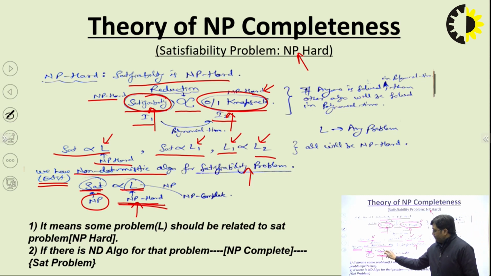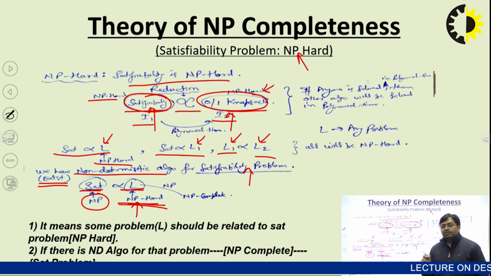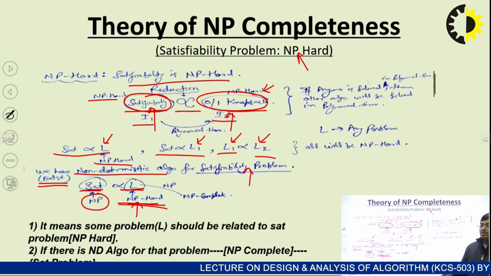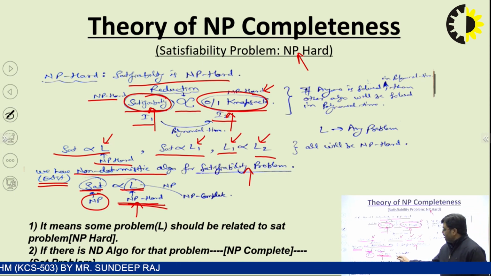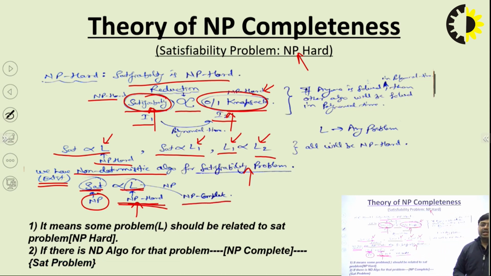And if we have an NP algorithm, meaning a non-deterministic polynomial time algorithm for them, then we can say it is NP complete. It means if any one is solved in polynomial time, then the other algorithms will be solved in polynomial time.